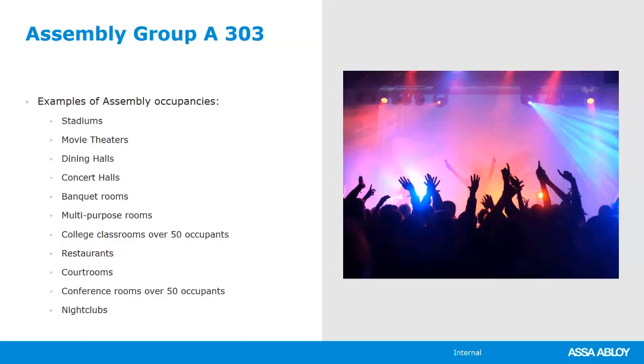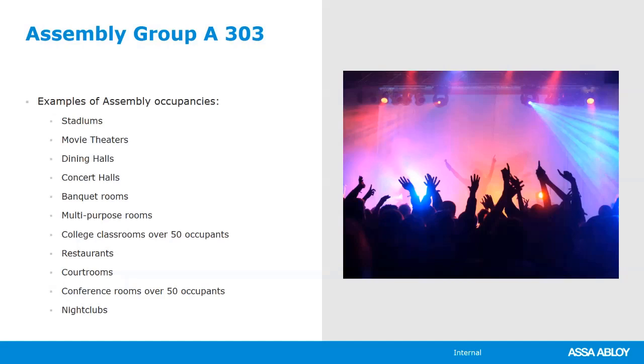So the key benchmark is 50 or more people, but how it's used for these purposes: stadiums, movie theaters, dining halls, banquet rooms, concert halls, multi-purpose rooms, restaurants, any of these places that are over 50 people, you're gathering together for these purposes. They're considered Group A assembly.